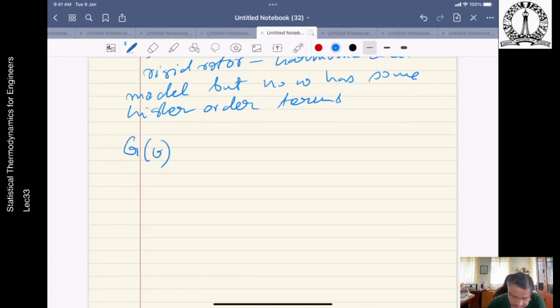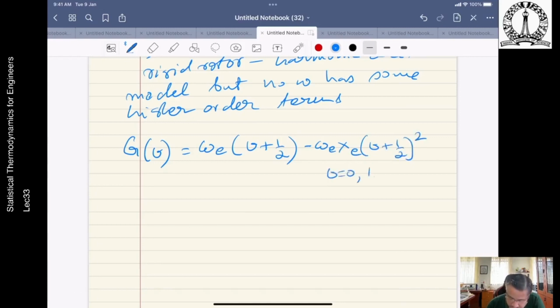If we forget all the mathematical intricacies, let us write down the solution. GV is equal to omega E times (V plus half) minus omega E XE times (V plus half) whole square, V equal to 0, 1, 2, and so on.